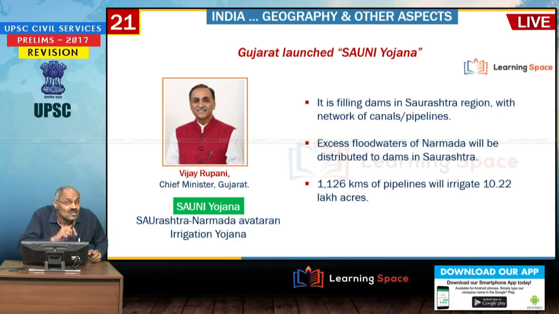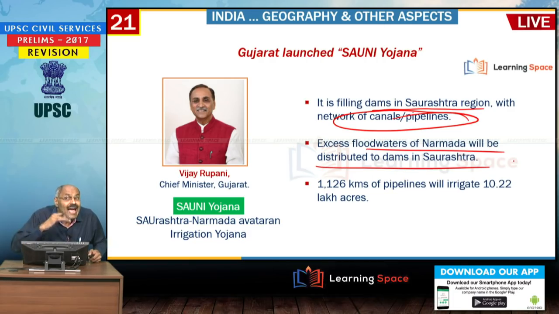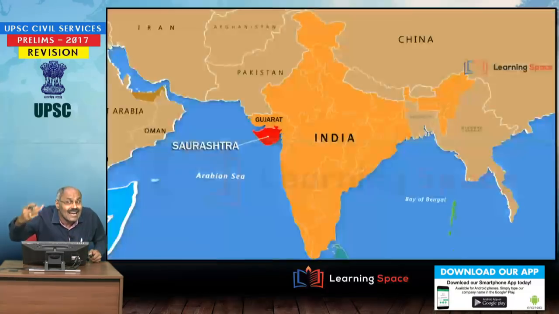When you look at Gujarat, the Prime Minister inaugurated this project. It is filling the dams in Saurashtra region with a network of canals or pipelines. Here the excess flood waters of Narmada will be distributed to dams in Saurashtra. This is one important aspect, and 1126 kilometers of pipelines will ultimately irrigate 10 lakh acres.